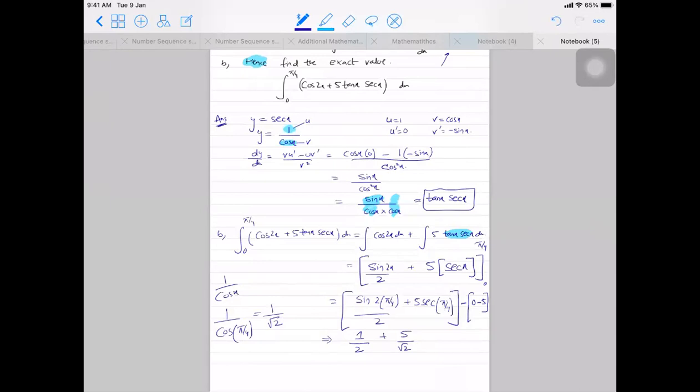Just a second. Cos pi by 4 is root 2 upon 2, which is 1 over root 2, same thing. Yeah, so 5 root 2 plus 1 upon 2.